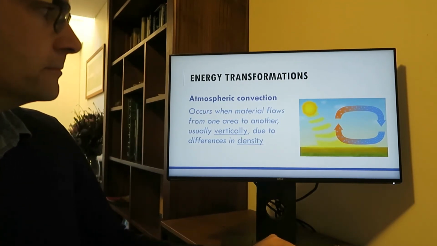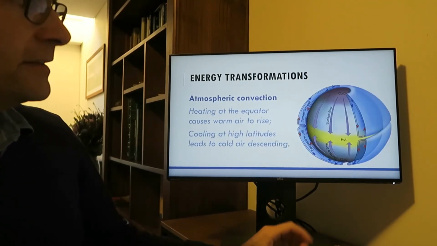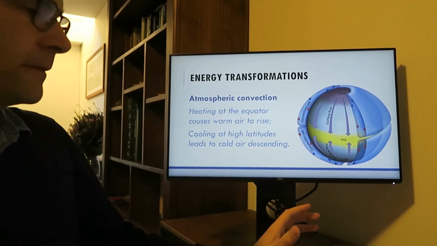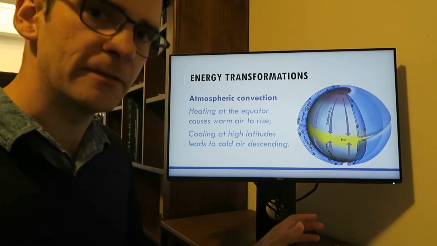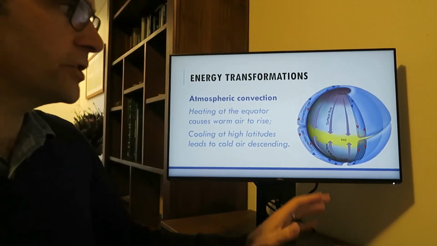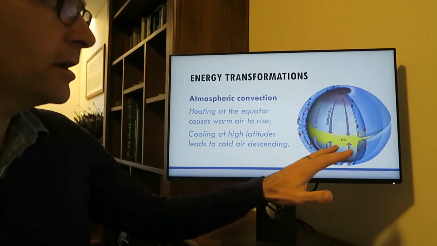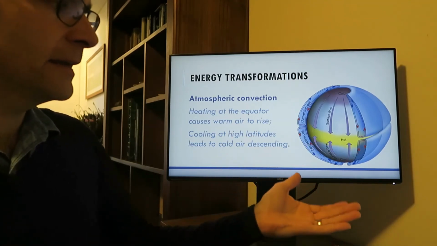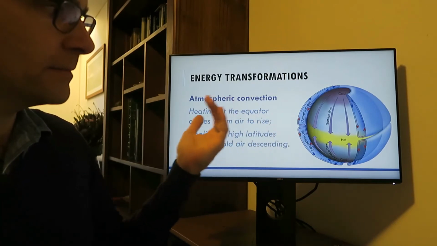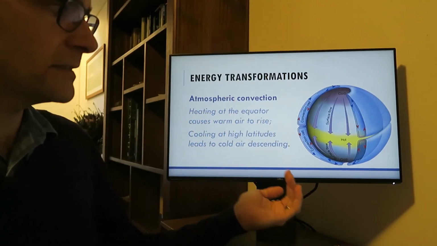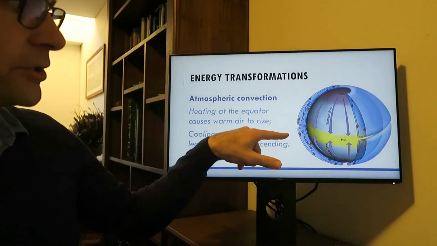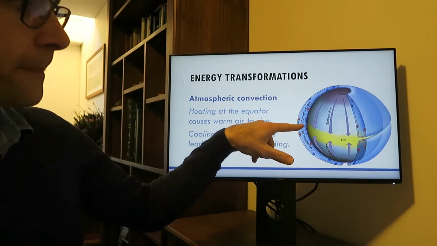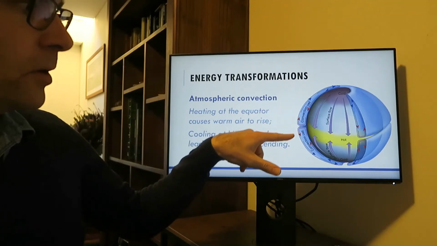So this is a general schematic diagram of what happens in the atmosphere in terms of heating and cooling. Generally, like I said, it's hotter at the equator, so that causes air at the surface to rise, and as it rises, it moves further towards the poles as it starts to cool, and we have these really large convection cells operating all the way from the equator region down to the poles.